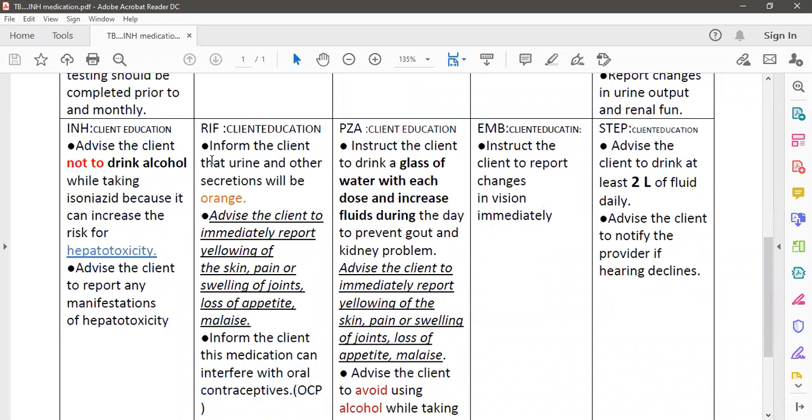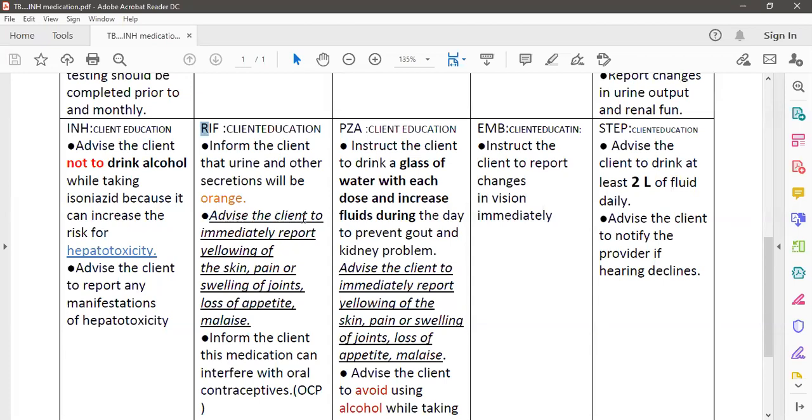Inform the client that urine and other secretions will be orange. Some books say red-orange. Rifampin starts with R, and the urine or any body secretion should be red or orange. Also metabolite, P450 induction.